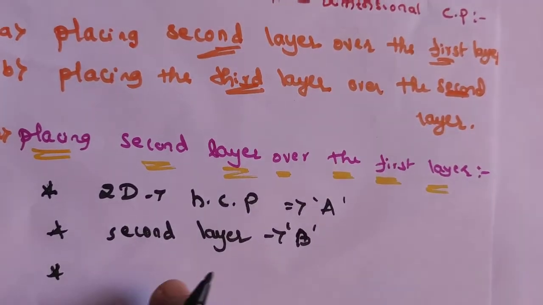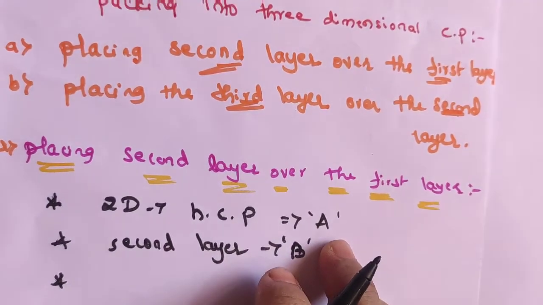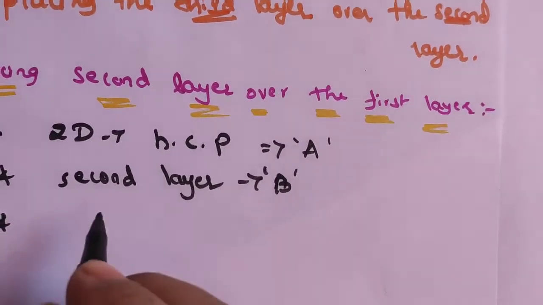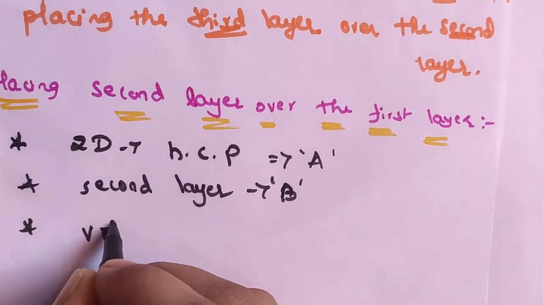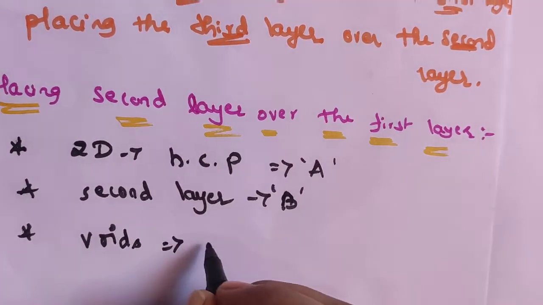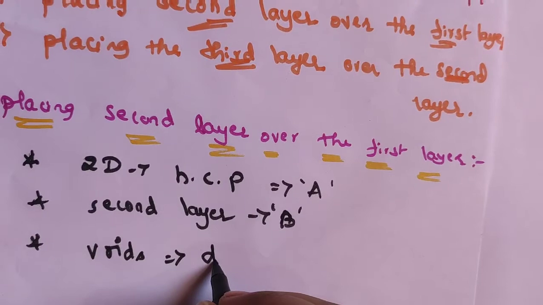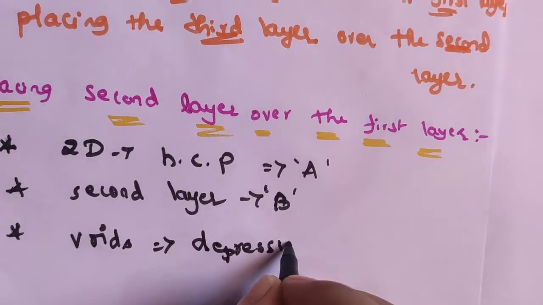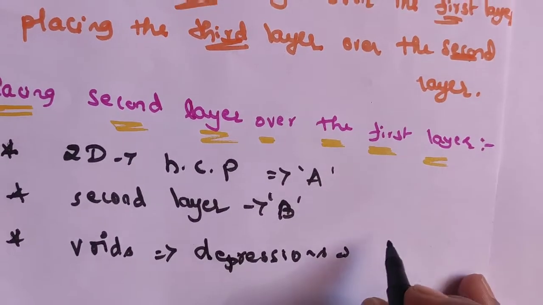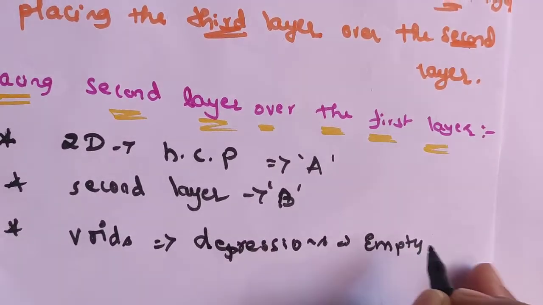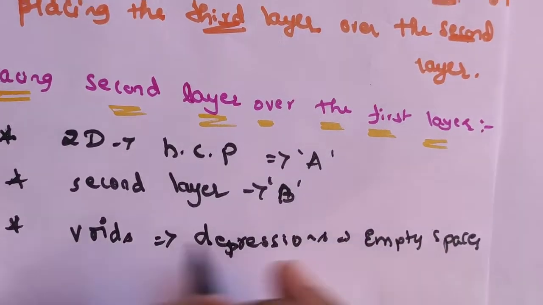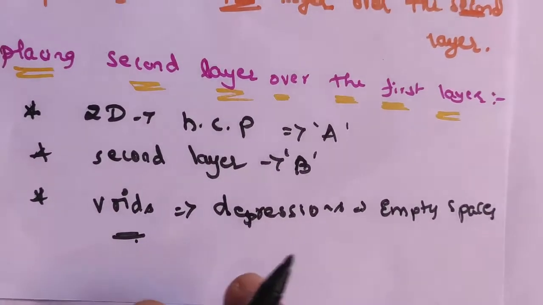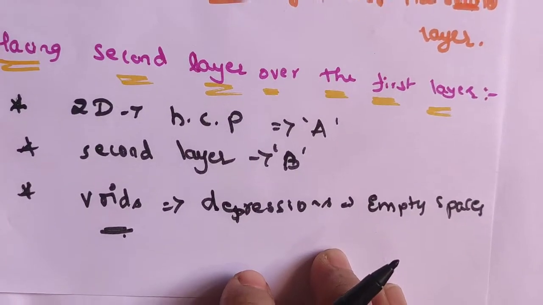So here there are two different layers and the alignment is different. When a sphere is placed in the triangular void, a tetrahedral void is formed. In an earlier video we explained that voids are created whenever spheres are arranged in depressions. These empty spaces are called voids.